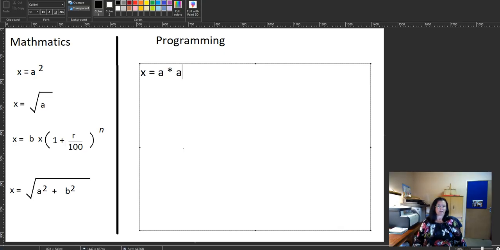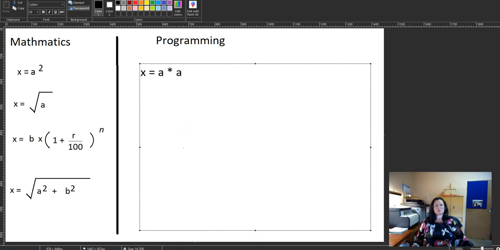But if we get to a situation where it's a to the power of 5, then the formula gets a little bit lumpy when we need to multiply a times a times a times a like that.